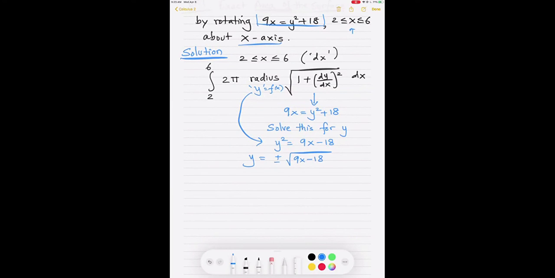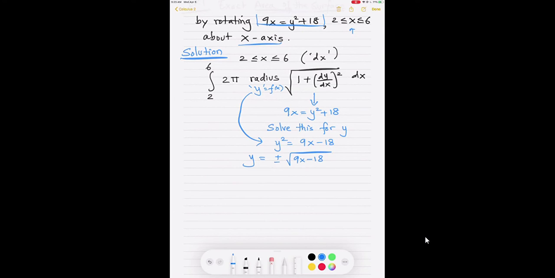Tell me which y to pick and why. So y is going to be positive or negative? Very good.